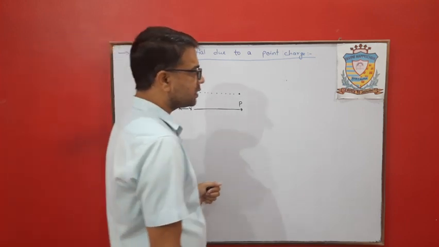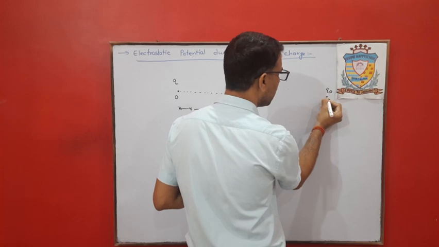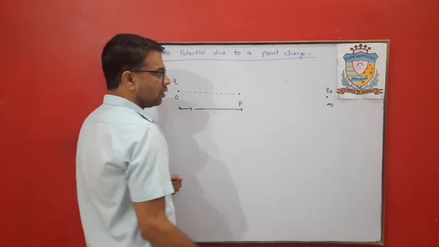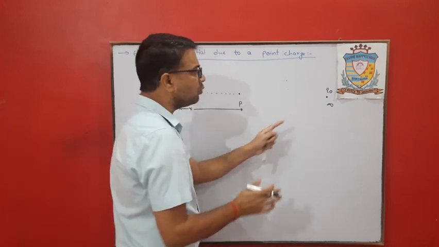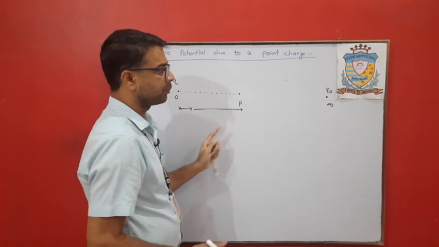Let test charge Q naught be at infinity. We have to move this test charge Q naught to point P.